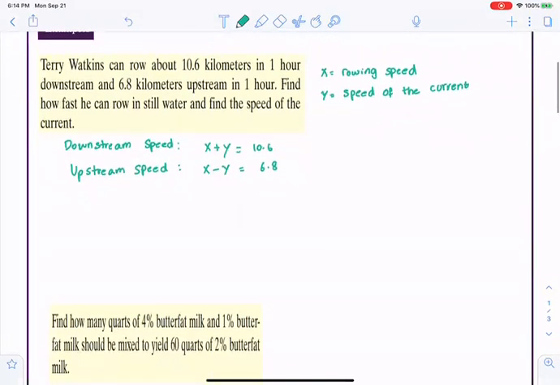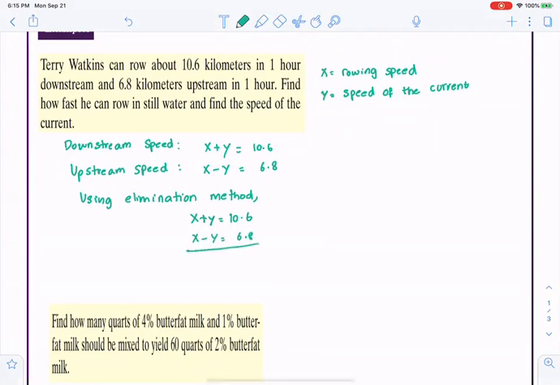So I'm simply going to use the elimination method, and I'm going to eliminate y. If I add those two equations, y is going to go away.